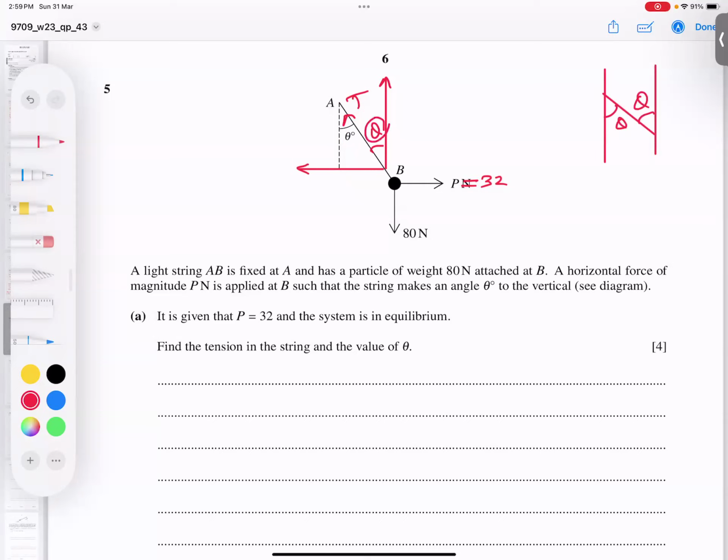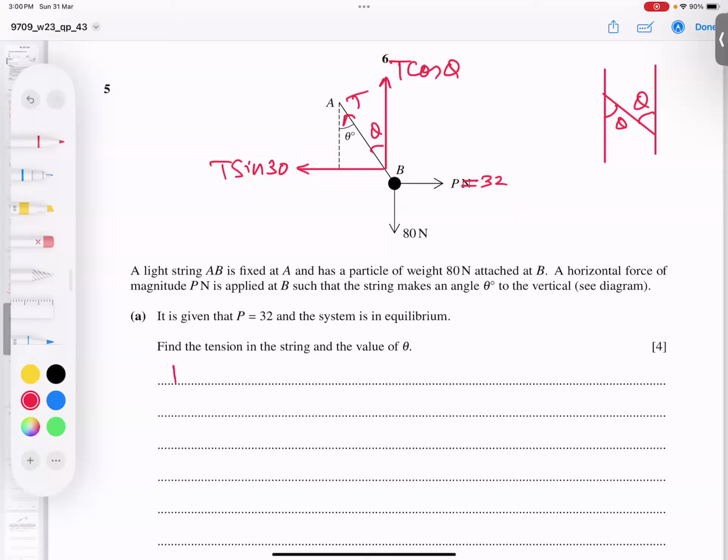So this theta and this force T newtons, so we can say T cos theta, and T sin theta. Okay, now what to do? This is a clear approach. Now, according to the system equilibrium, right side force equals left side force, and above force equals down force.